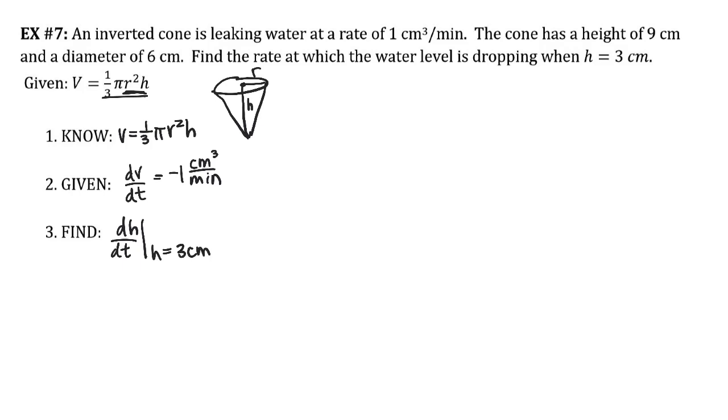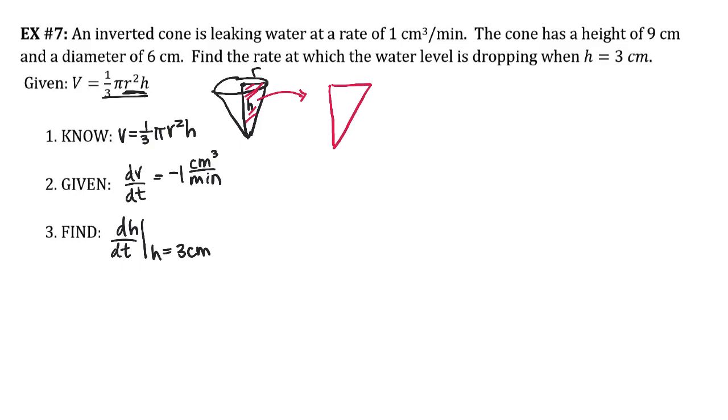All right, so one thing we'll need to do is pull the triangle that we see built into this cone, this portion here. We're going to pull that out, and we're going to look at that and try to come up with the relationship between the height and the radius.